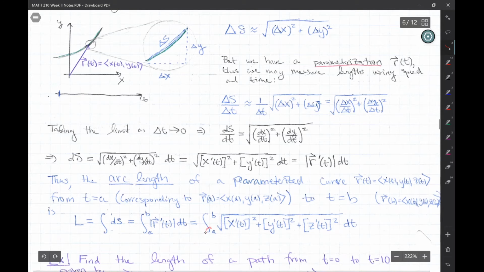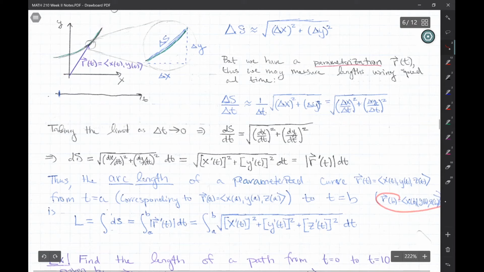Something important to notice is that we want the length from t equals a to t equals b. So this is the length that we would travel across if we started the time at t equals a and ended at time t equals b, which corresponds, by the way, to beginning at position RA. So this could possibly be RA, for example, that vector there, and say we wanted to end up here, that would be RB.